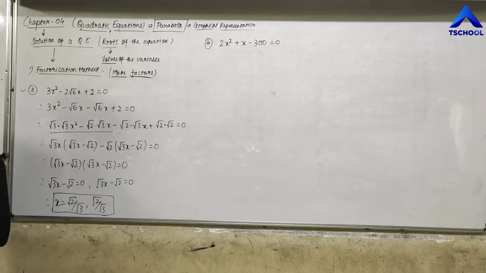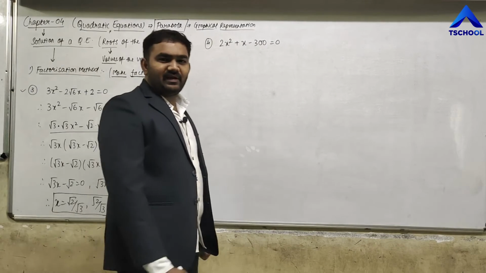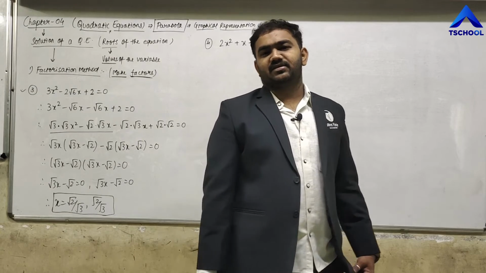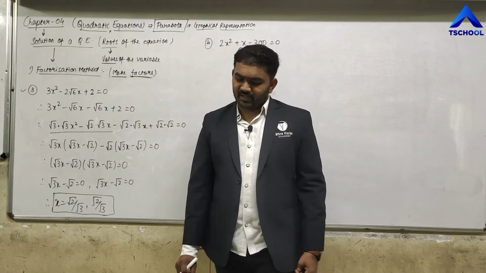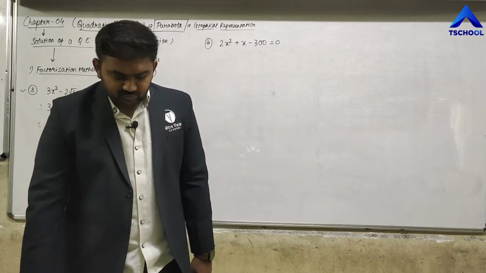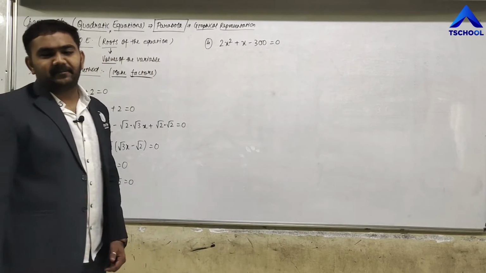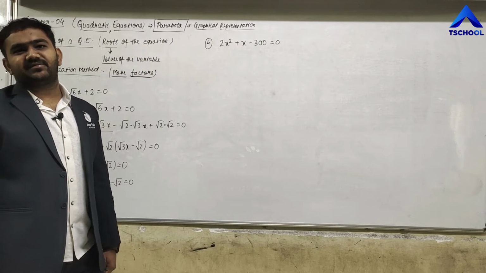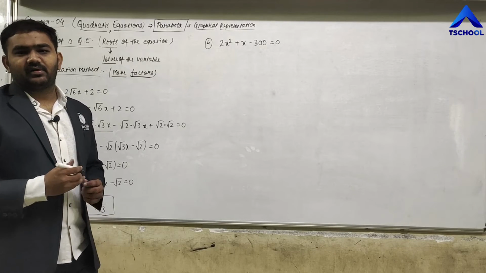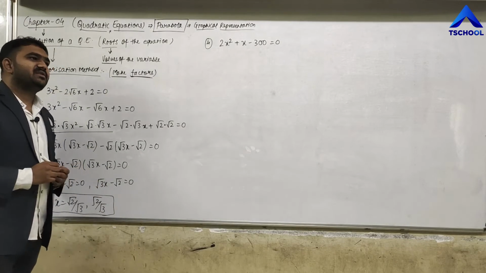Again, that is of the kind where we get the factors as plus and minus, and plus for the bigger value. So what is the factor? First of all, 2 into 300, that is 600, and I need the factors of 600.